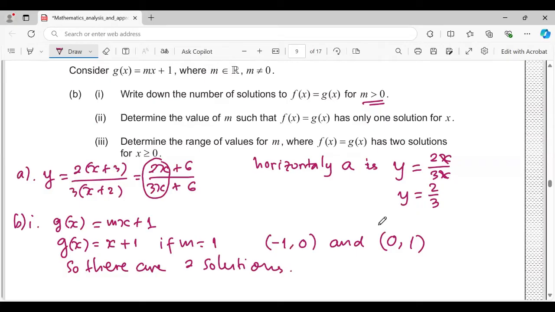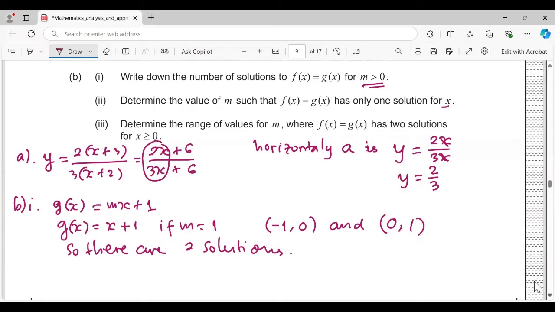Okay, next. Part 2. Determine the value of m such that f of x equals g of x has only one solution for x. Okay, so we're going to determine m.